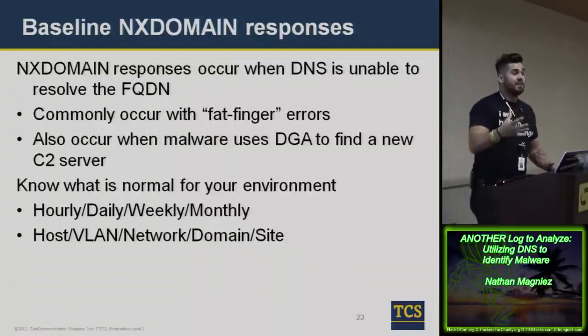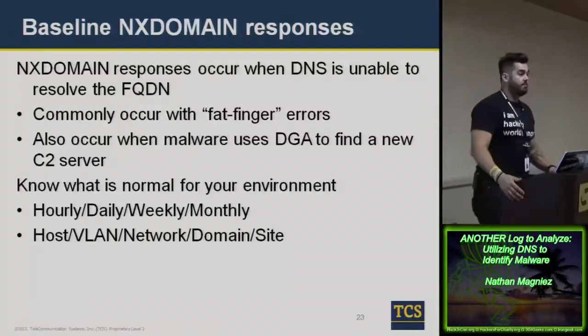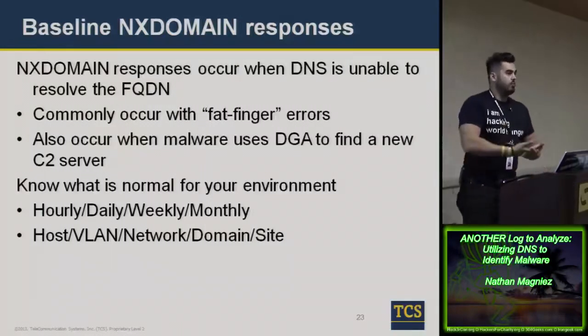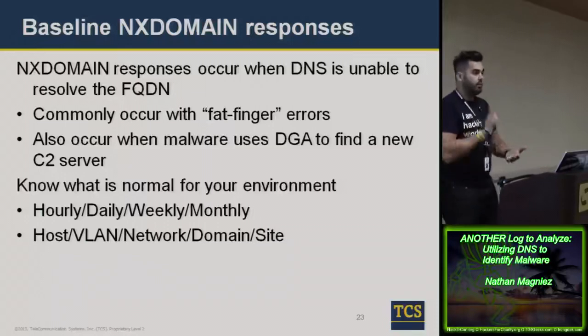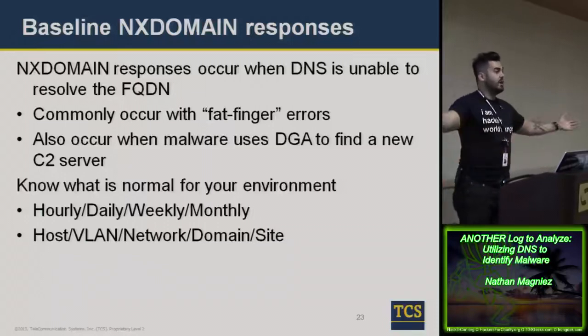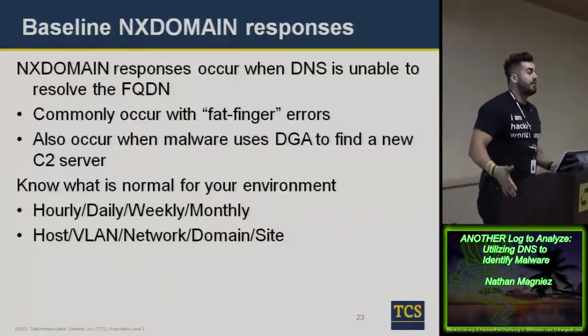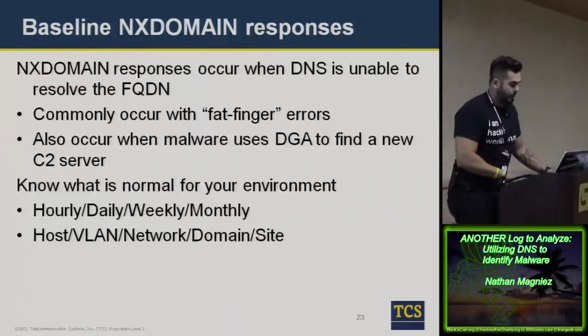So we're going to get some NX domain responses there, just as the nature of the game. So we need to know what is normal for the hour, day, week, month. So we have these baselines to compare and contrast against when we're doing the analysis to identify if there's something messed up on our network.